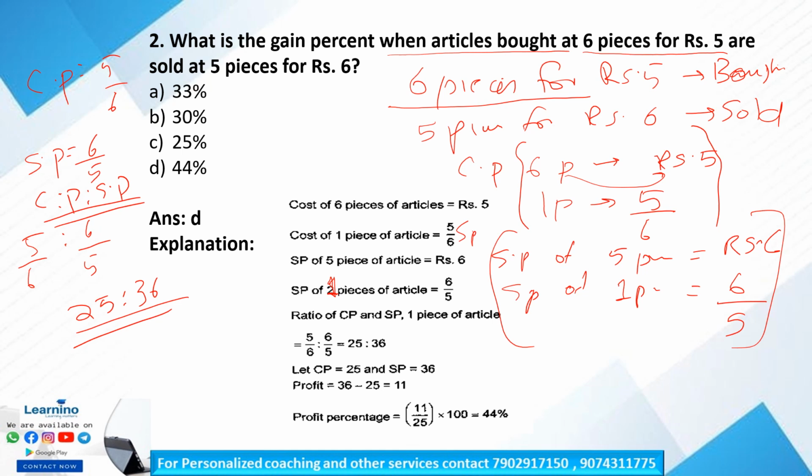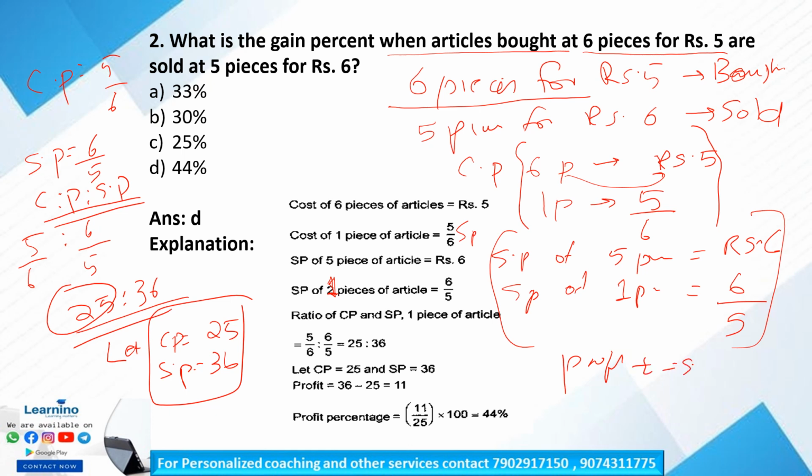So let cost price be 25 by this ratio, and selling price be 36. What is the equation for profit? Profit is equal to selling price minus cost price, whereas loss is equal to cost price minus selling price.